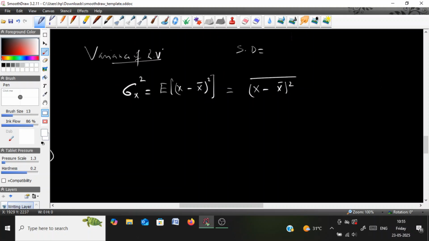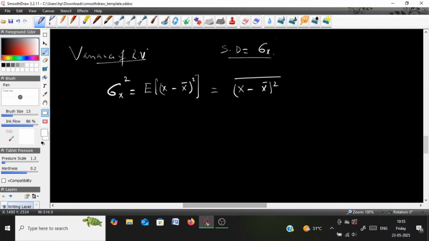So standard deviation is simply sigma of x. Like we have taken the example of the class test. You have a random variable x and certain probabilities of the random variable having a value between maybe 0 to 50.